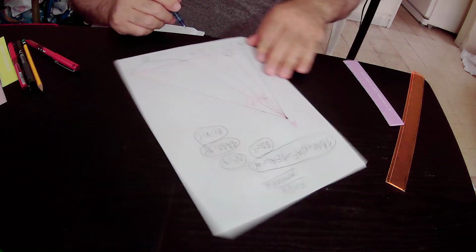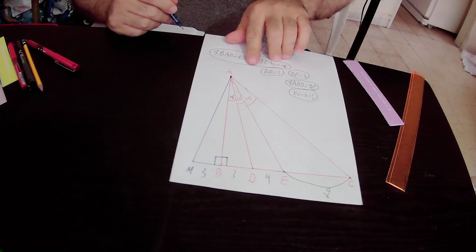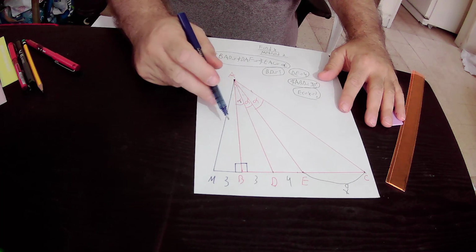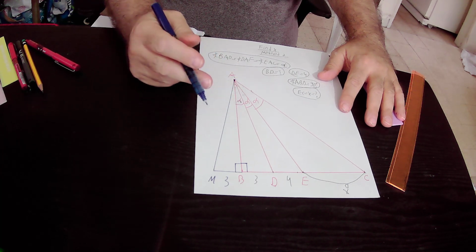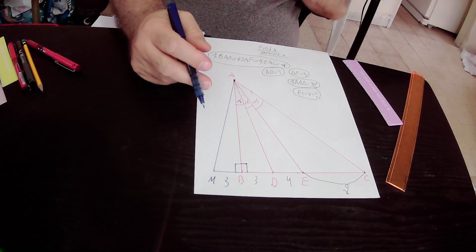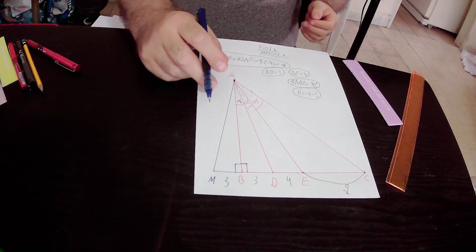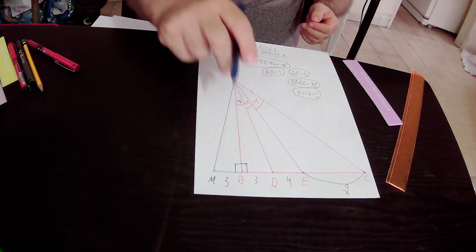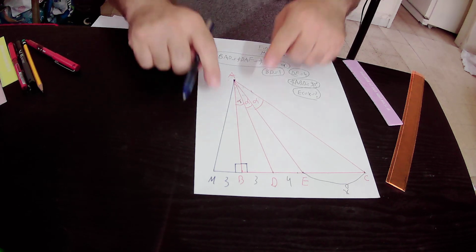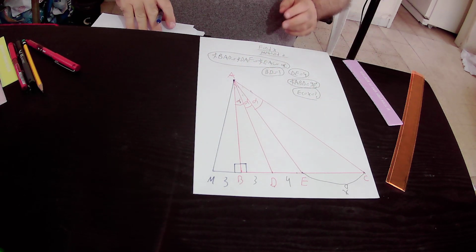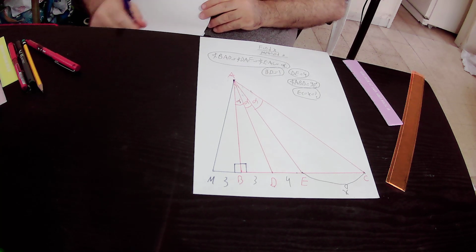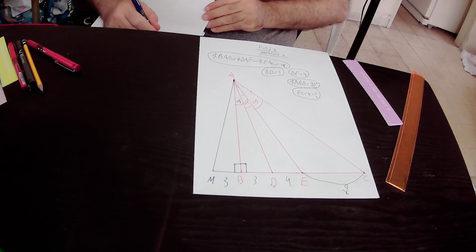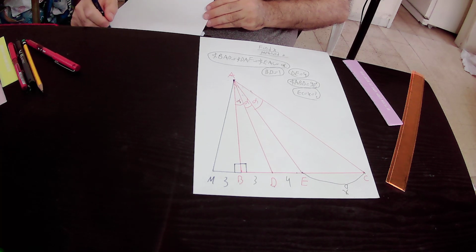So we have here two right triangles, the right triangle ABD and the right triangle ABM. And in the next step we will focus on those two right triangles, and we will prove that those two right triangles can go into each other. Okay, so we will focus on triangles ABD, the right triangle, and ABM, the right triangle.